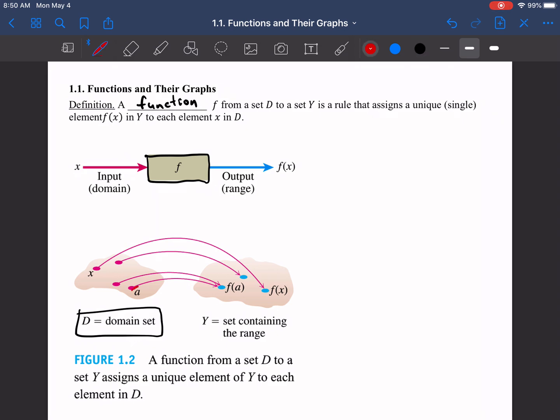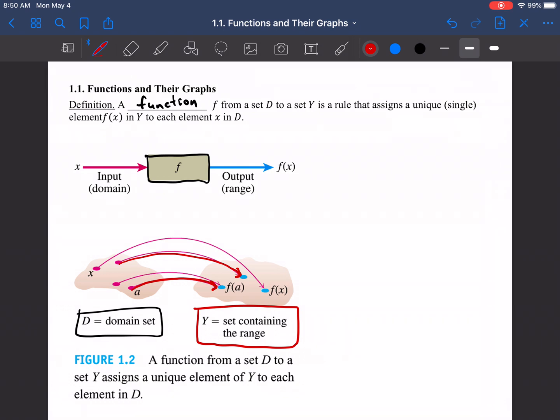As you can see right here, it follows that line to a specific point in our Y set over here, which is the set that contains the range. It's our output values. Each one of these will map over to a specific place in the range. A function from a set D to a set Y assigns a unique element of Y to each element of D.